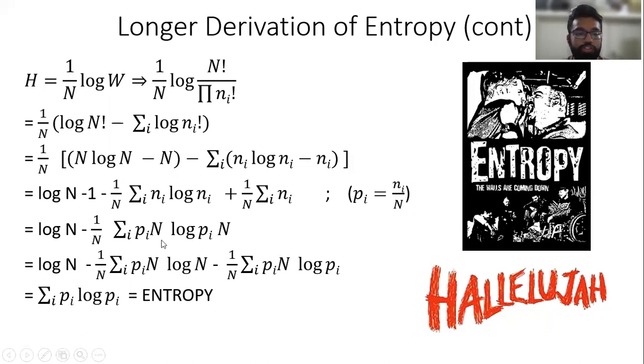This is quite the equation, but we're almost there. So you have log n minus 1 over n. We can break up this log p_i n into two sums. In the first sum, let's take n: we have 1 over n sigma p_i n log n.